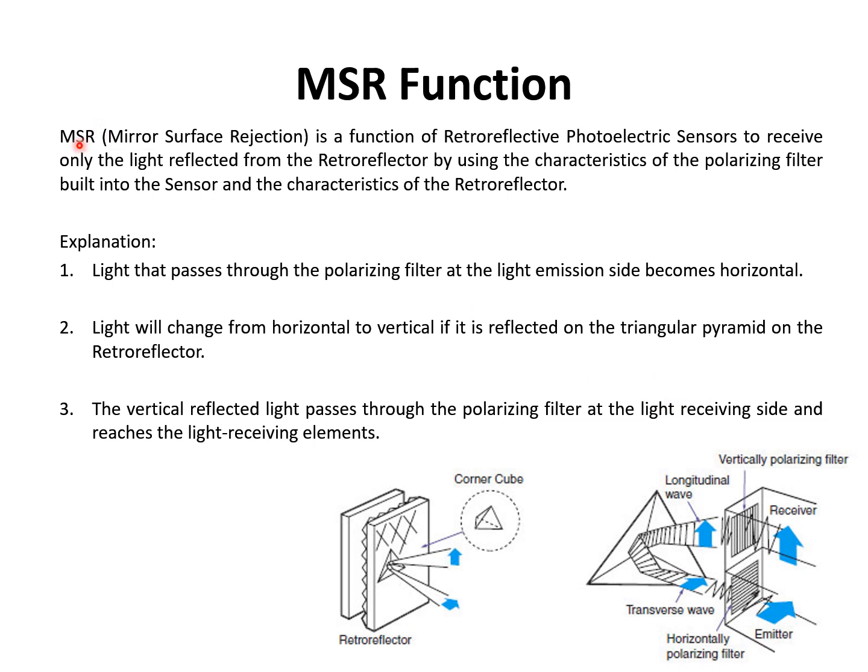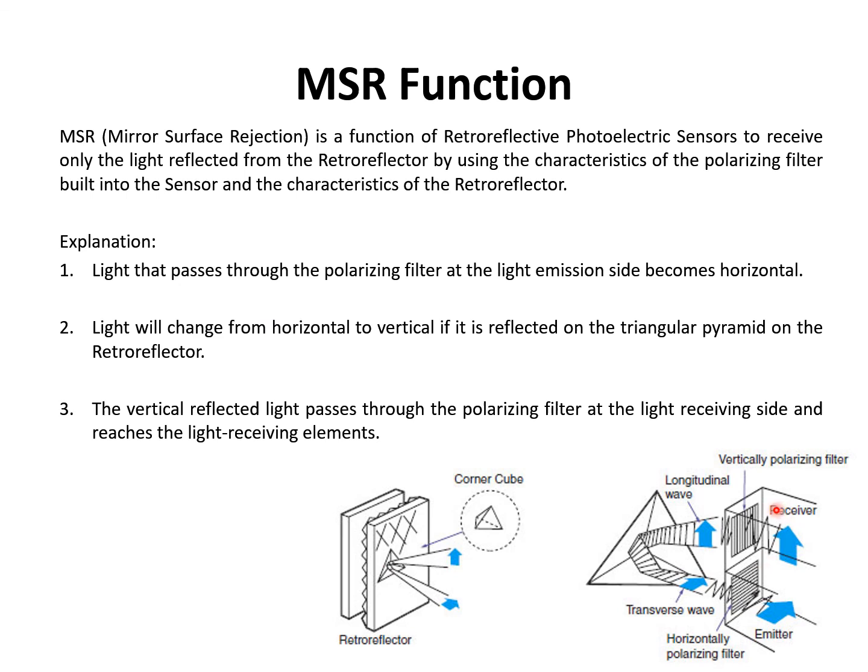MSR is mirror surface rejection, a function of retroreflective photoelectric sensors to receive only the light reflected from the retroreflector, by using the characteristics of the polarizing filter built into the sensor and the characteristics of the retroreflector.